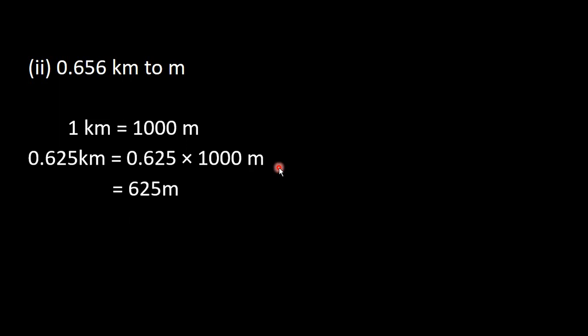Which implies that if I have 0.656 kilometers, we shall have 0.656 times 1,000. So you just simply multiply, and that will give you 656 meters.